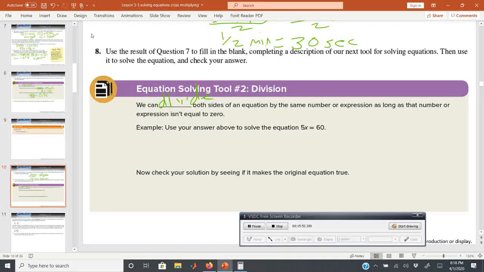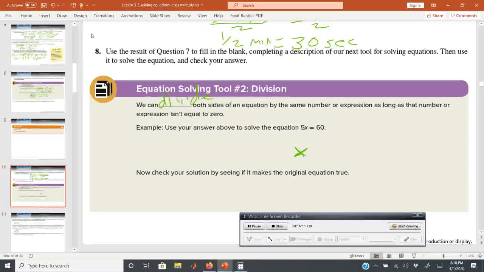So we started off with a true statement. We divided both sides by 2. We got another true statement. Restart the video after you've answered question 8. Question 8. Use the result of question 7 to fill in the blank, completing a description of our tool for solving equations.